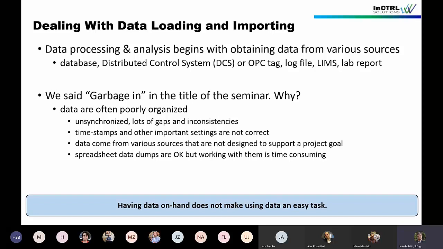Data are typically unsynchronized. The variable observations don't match up with each other. There are gaps and inconsistencies. And then various sources are sampled at different rates. They all have to be put together. So you may rely on spreadsheet data dumps and these sorts of mechanisms for acquiring data and then working with them.